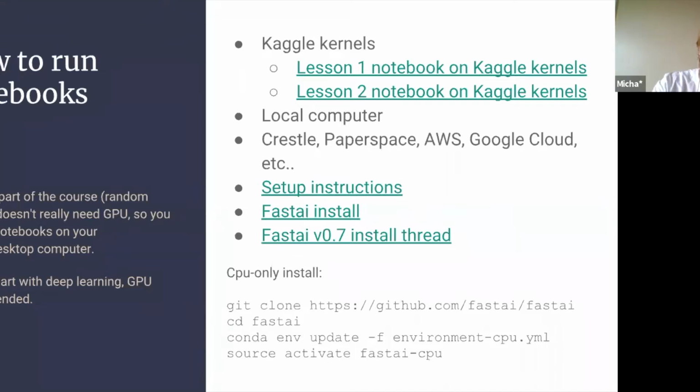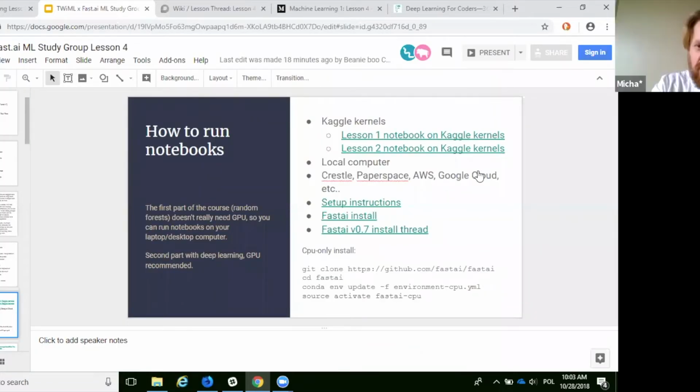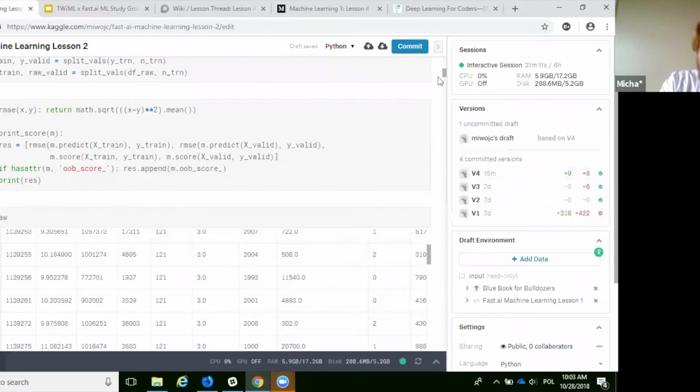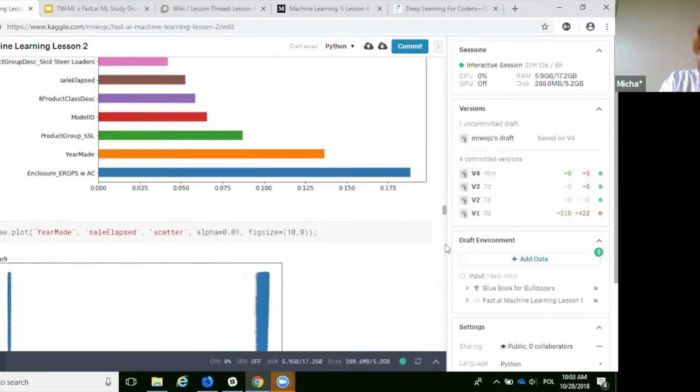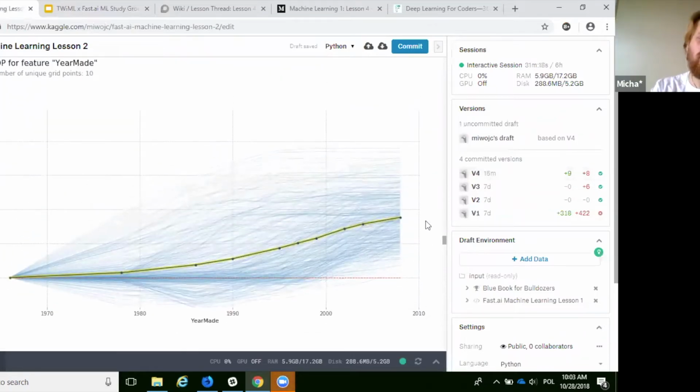Version 4 is now saved, so if you want to run that lesson on kernels, it now prints the nice graphs that previously were not printing. Please feel free to use those, as kernels is free to use.